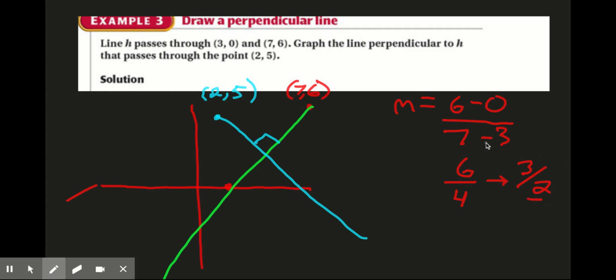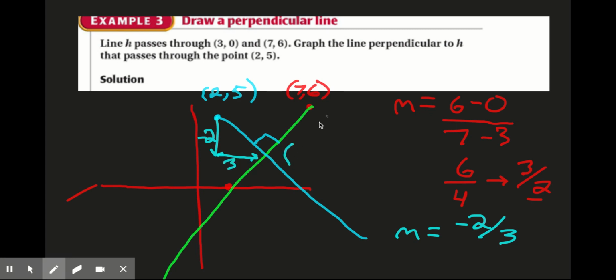If that's the slope of the red line, then the slope of the blue line, if it's perpendicular, must be -2/3. And then I can just use that to follow and say, okay, how could I graph the line? Well, I need to go down 2 and over 3.